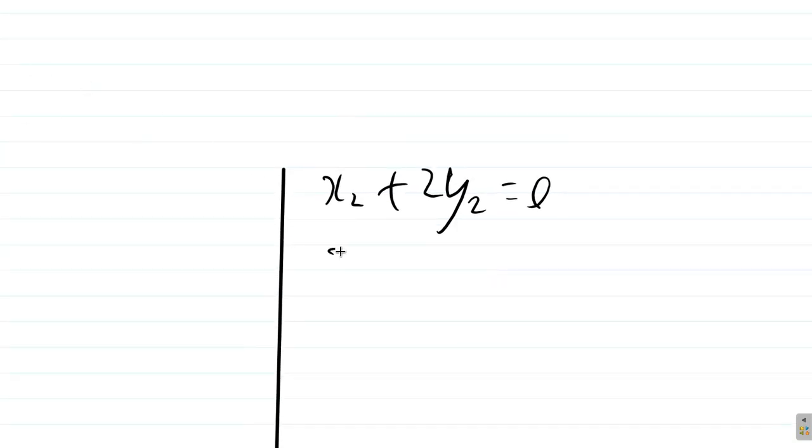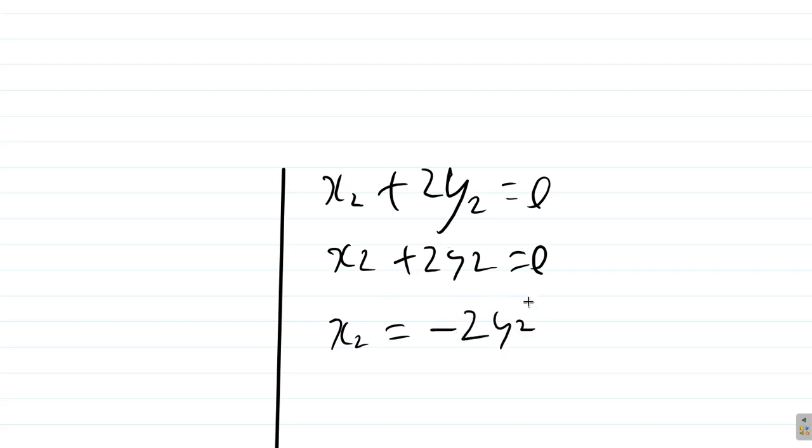So they are the same thing. Equation 1 and 2 for this part is the same, so let's use just one of them. So what you have then is that x2 is equal to negative 2y2 when you subtract 2y2 from both sides, right?